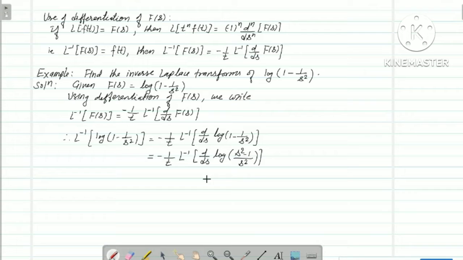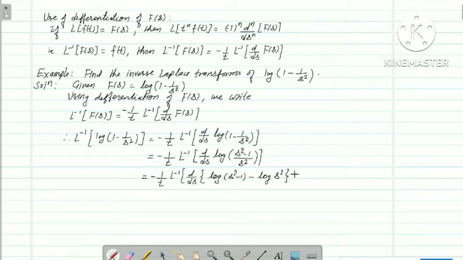Okay, now apply the properties of logarithm. So this equals minus 1 upon t L inverse d by ds, open the curly bracket. So we apply the properties of logarithm: log of a by b can be written as log a minus log b, that is log of s square minus 1 minus log of s square.